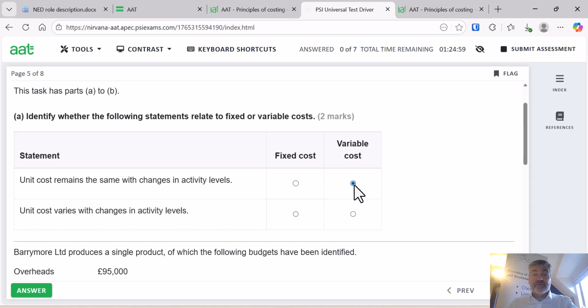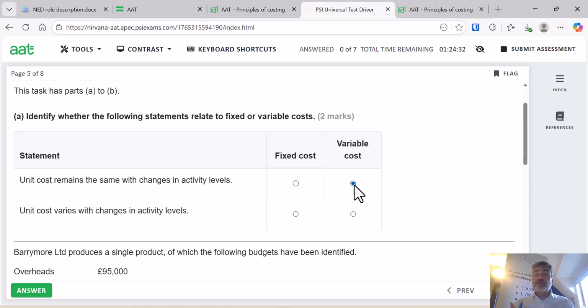Again, let's throw some numbers in for a simple example. Let's say that our total fixed cost was £1,000 and we were producing 10 units. Simply dividing the 1,000 by 10 means that the unit cost would be £100. A fixed cost of £100 would be charged to each individual unit.